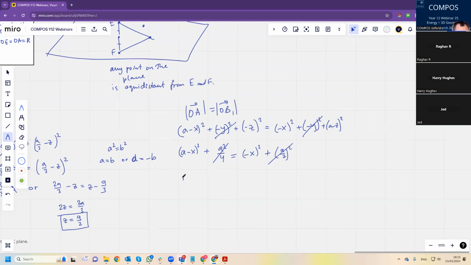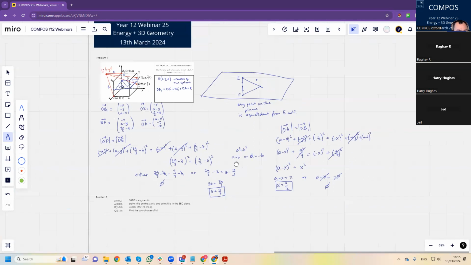And now we have a minus x squared equals x squared, because we can get rid of the minus, doesn't matter. Okay, so it's either a minus x equals x or a minus x equals minus x. The second one is nonsense. So we have x equals a over 2 again. Very nice.